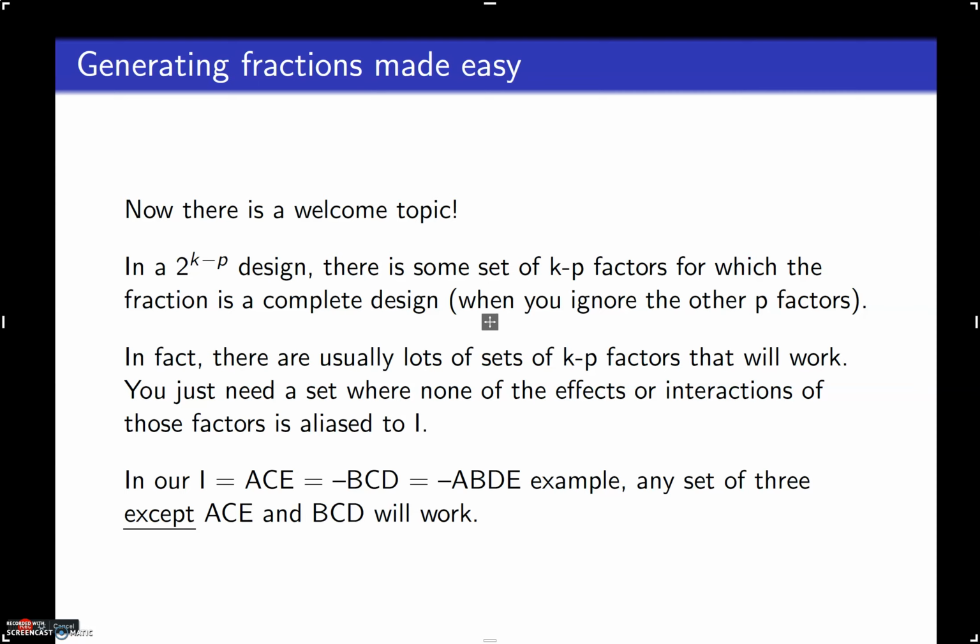Okay, so in the previous example, where I was equal to ACE, negative BCD, negative ABDE, for example, any set except ACE and BCD will work. If you really need to include ACE and BCD in your set of k minus p factors, then clearly you do not want to use this particular set of defining contrasts.